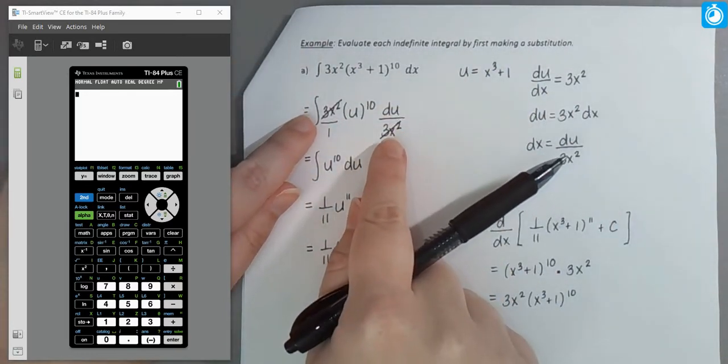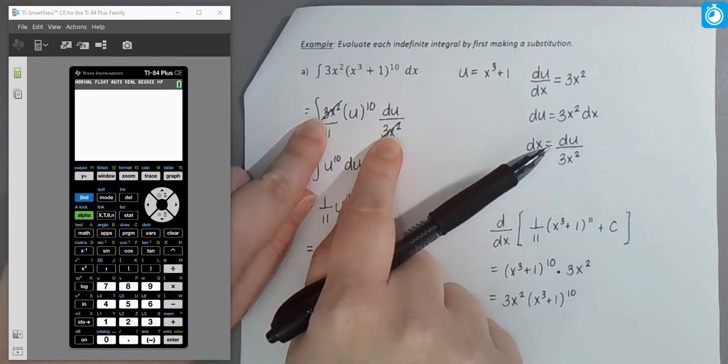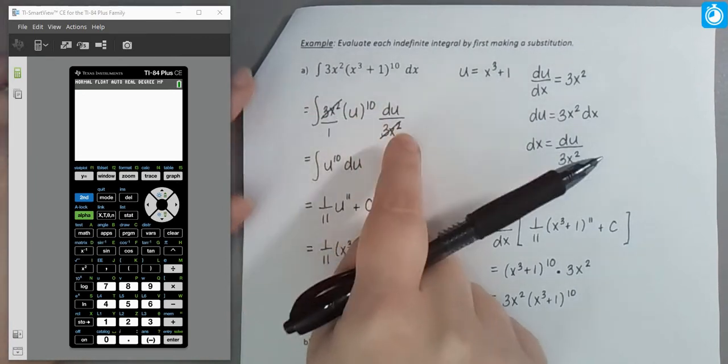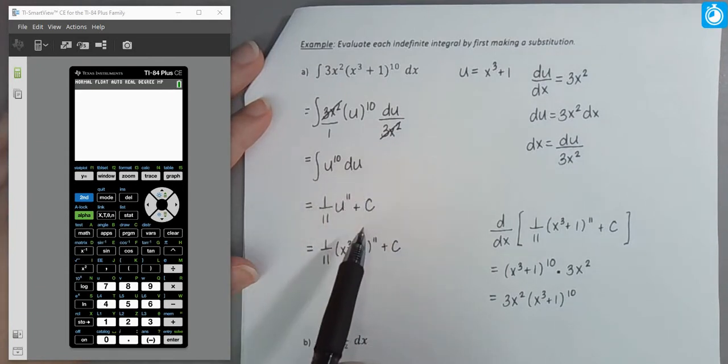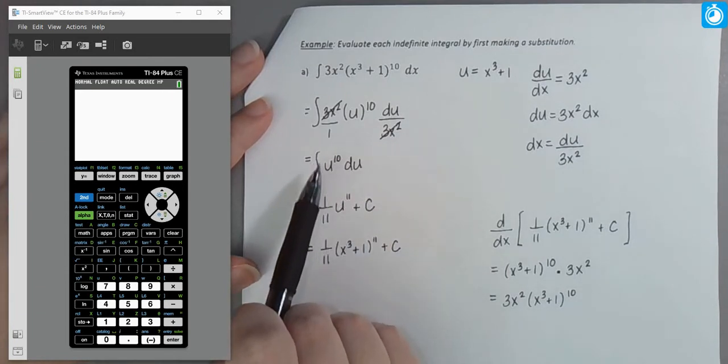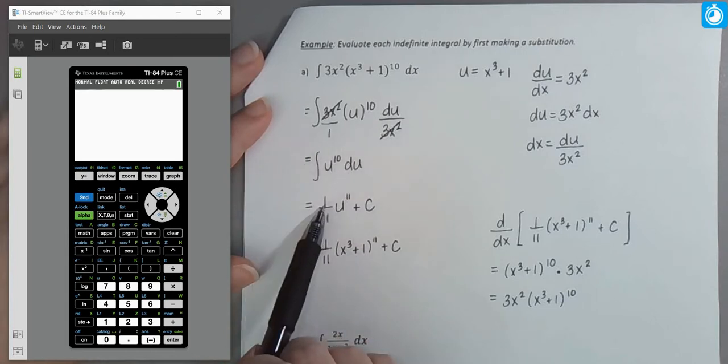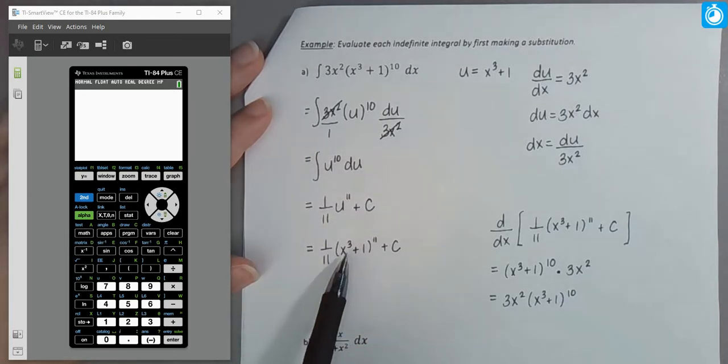One result of that was that anything that remained that contained the variable x was then eliminated, leaving us with an antiderivative in terms of the variable u. And so we anti-differentiated in terms of u, and then replaced using the original substitution in order to get back to our original variable. Every problem that we do with substitution is going to look roughly the same. It's going to be some variation of that kind of technique.